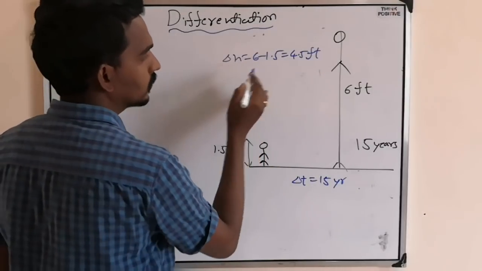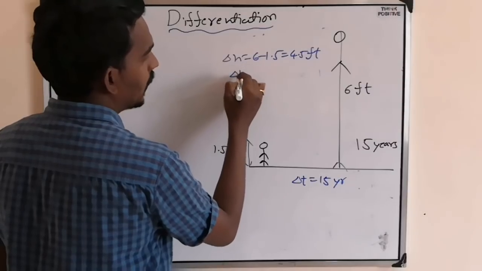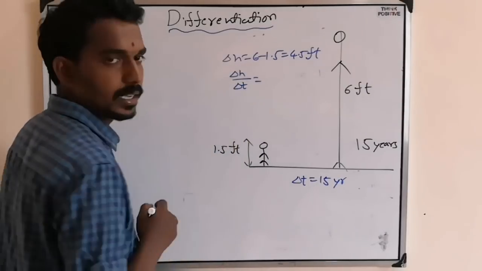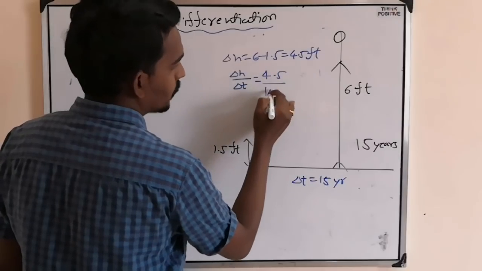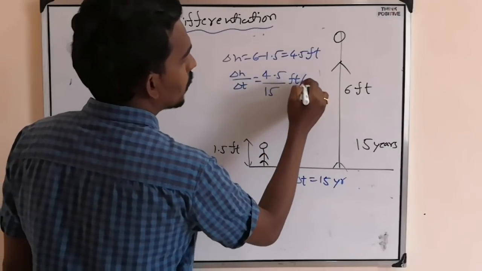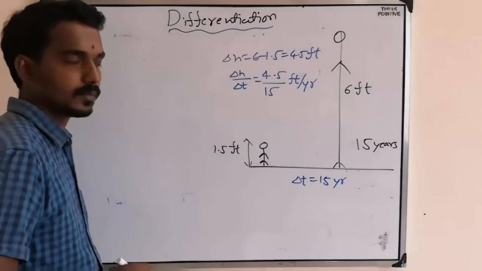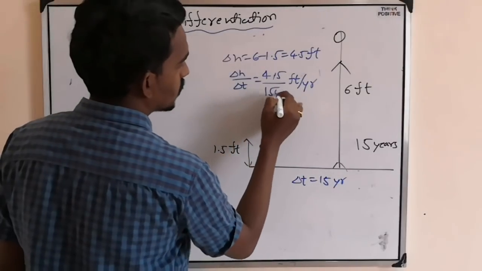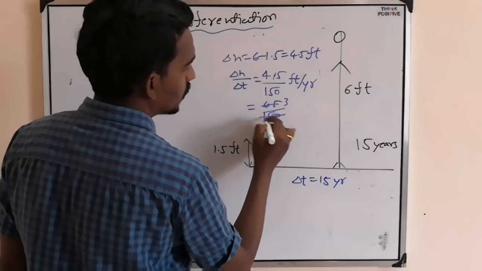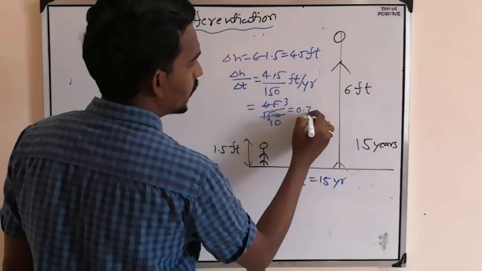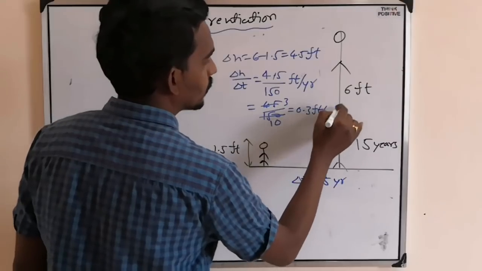Then delta H by delta T is 4.5 by 15 foot per year, which is approximately 0.3 foot per year.